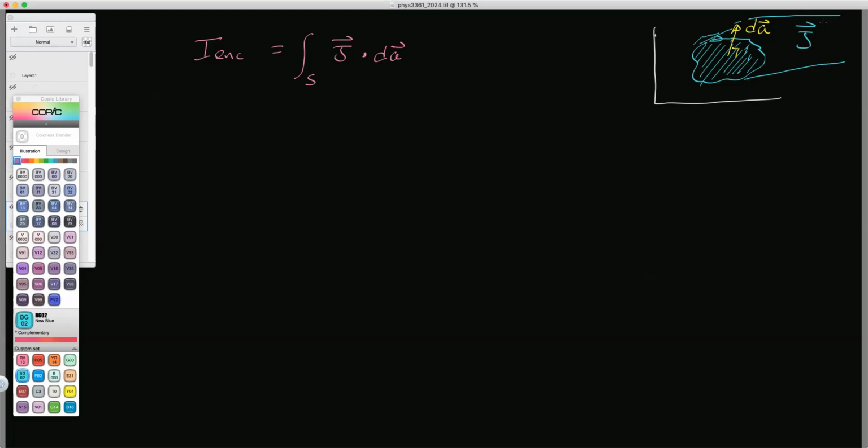So it's only the perpendicular component that counts. And remember that the surface that we're integrating over here is the surface that's bounded by this loop. It's not some other surface, not the surface of that wire.